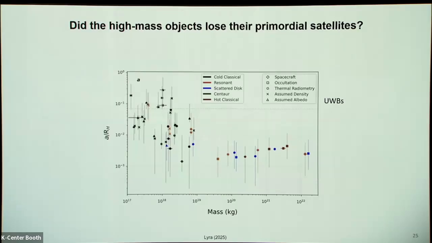Why is that? We don't know, but maybe the answer lies in the growth process, the pebble accretion process. They start as low mass objects like this one, and they scoop up the pebbles, growing, and something in the pebble accretion process probably disrupted the original binary. So these objects lost their primordial moons during the growth process.